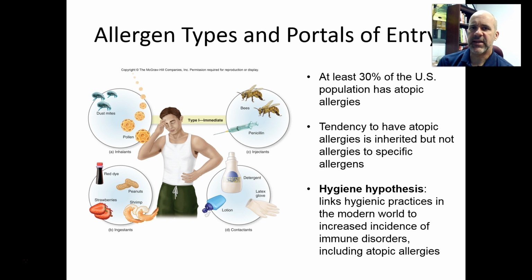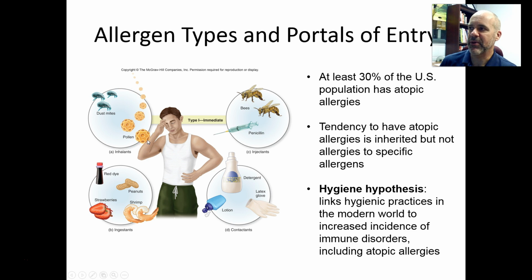Okay, so let's talk about atopy, the little local allergies that we experience. There's a figure from your textbook, which is pretty good because it shows some of the different things that different people experience type 1 allergies to. So all kinds of things. Dust mites, lots of people are allergic to these little microscopic dust mites that we get exposed to.